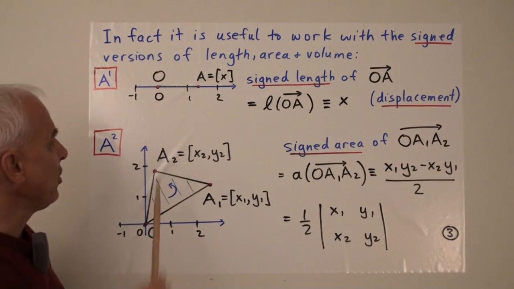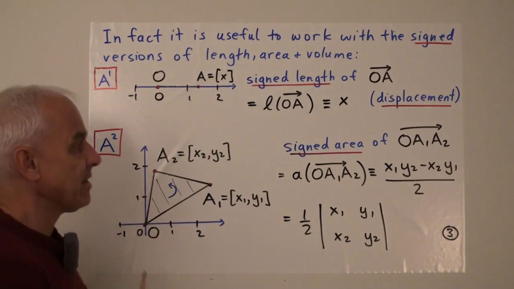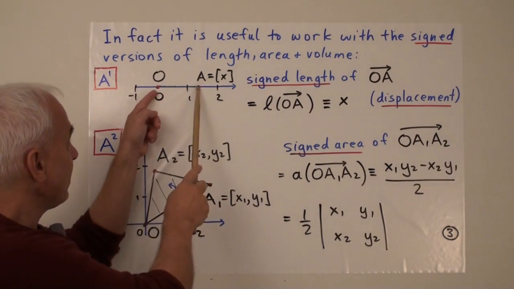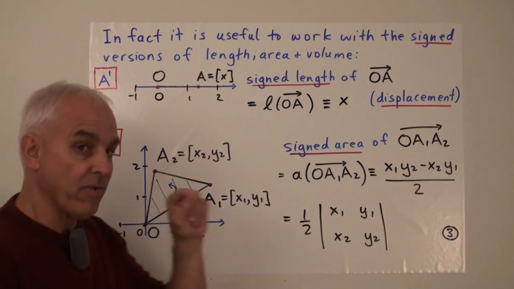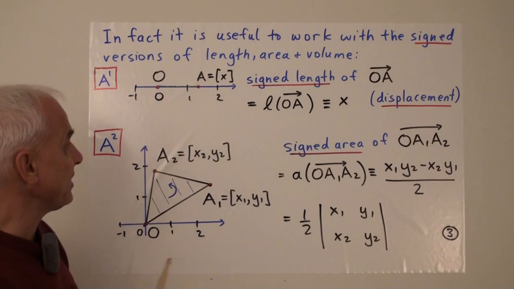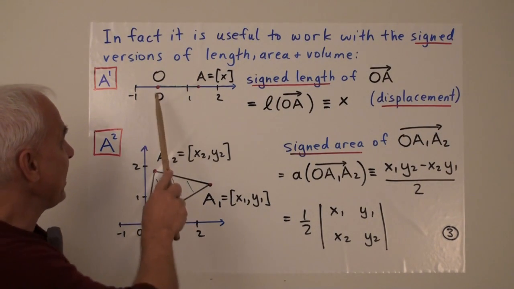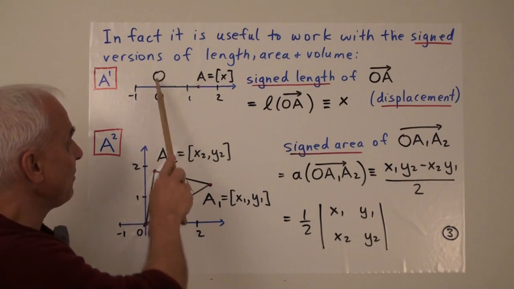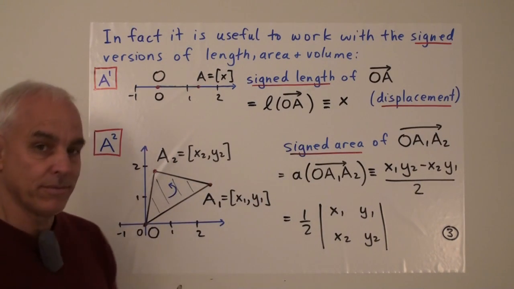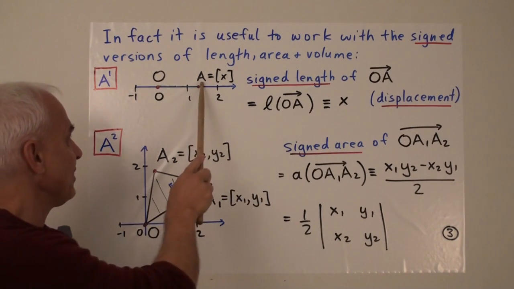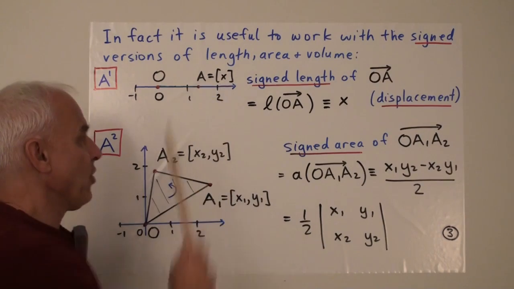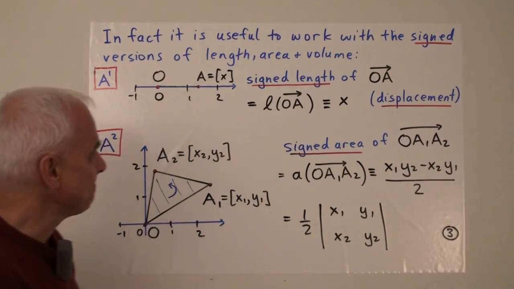So if we have a directed segment, so a line segment OA, but with a direction, so that there's a first one and there's a second one. And let's say, for simplicity, that the first point is the origin O, and that the second point is the point A with a coordinate x.